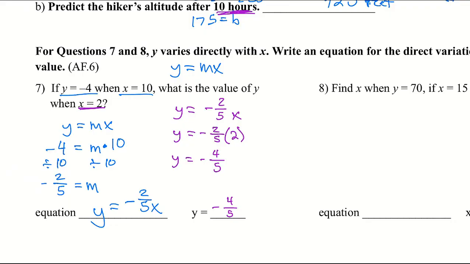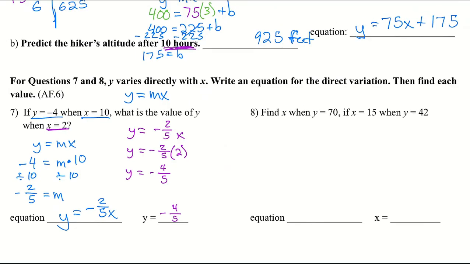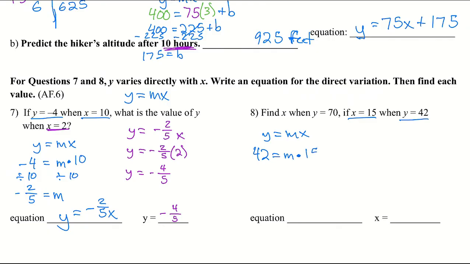We need to start by finding our slope, that m. So y equals mx. It says if x is 15 and y is 42, again, we're going to divide everything by 15. This is also going to be a fraction.